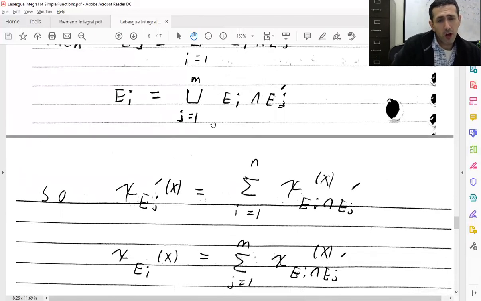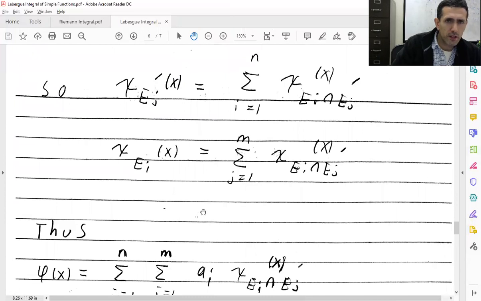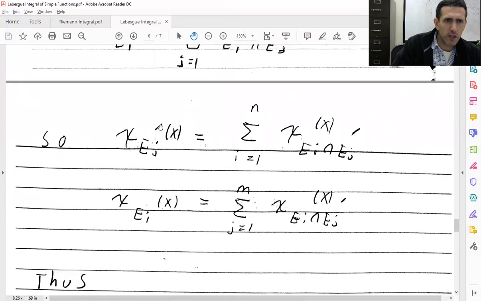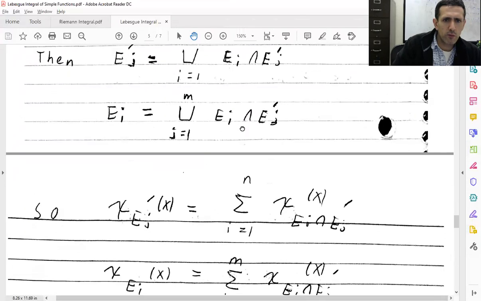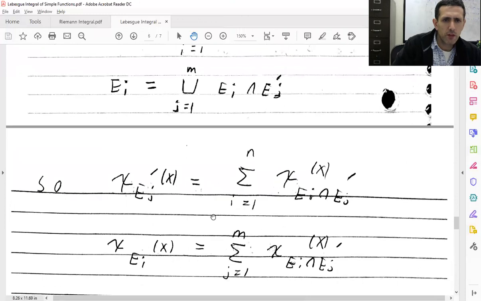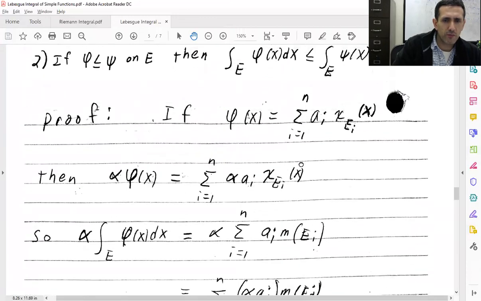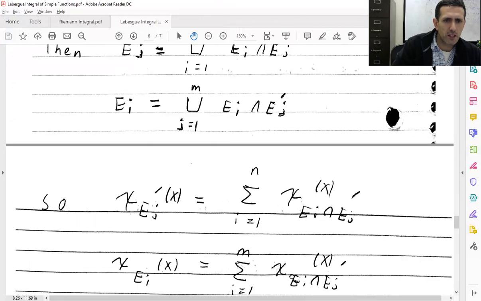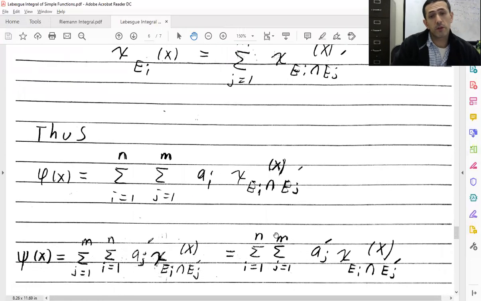So we're going to plug this in. So plugging this fact in, I'm literally plugging this here into this, and I'm going to plug this here into this here. So when I do that, I get the following sums here.